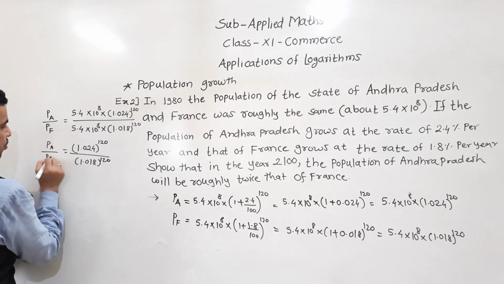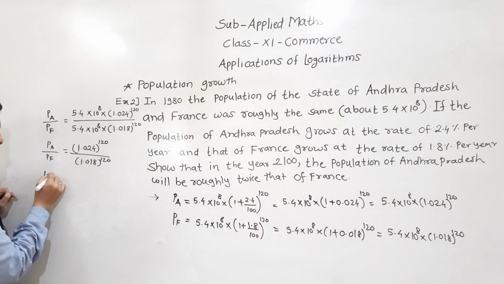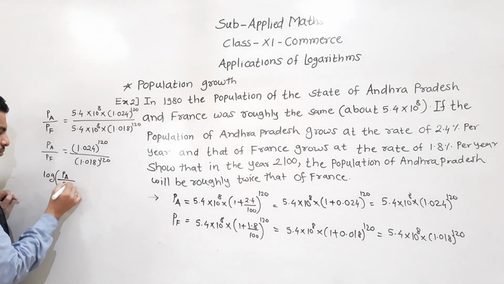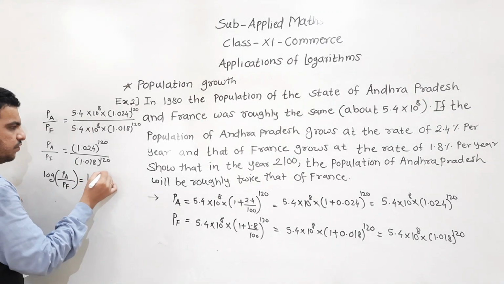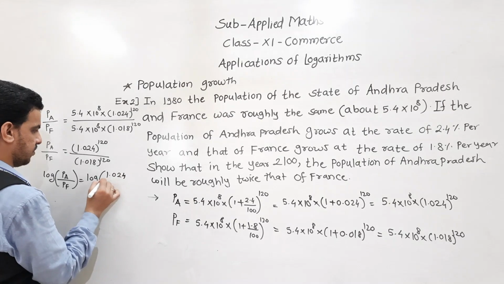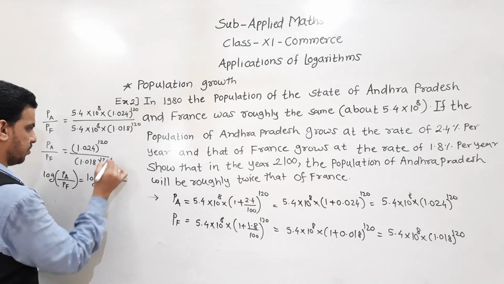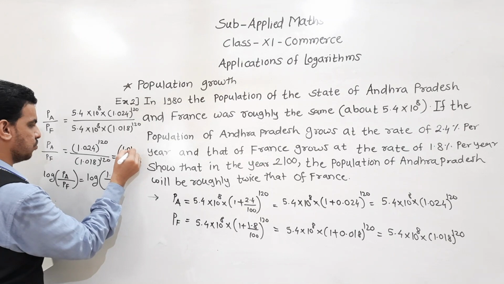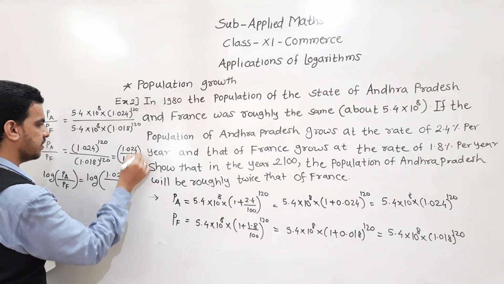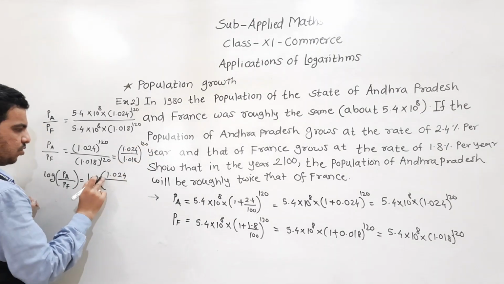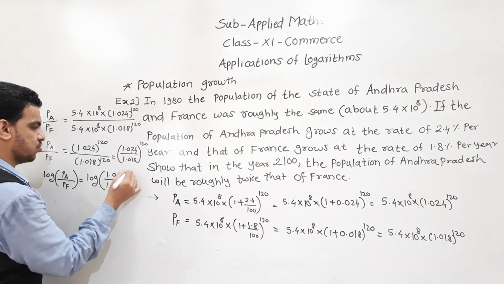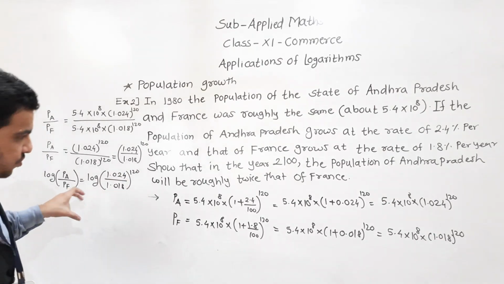So if we take log on both sides, log of population of Andhra Pradesh upon population of France is equal to log of 1.024 upon 1.018 raised to 120. Now we have to simplify this.